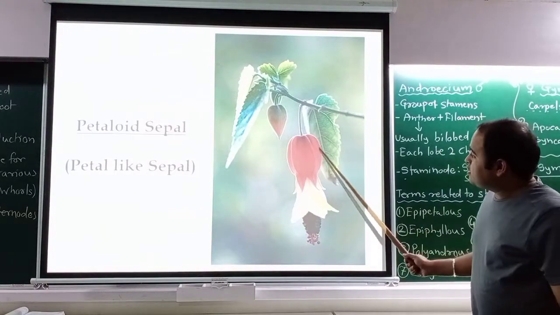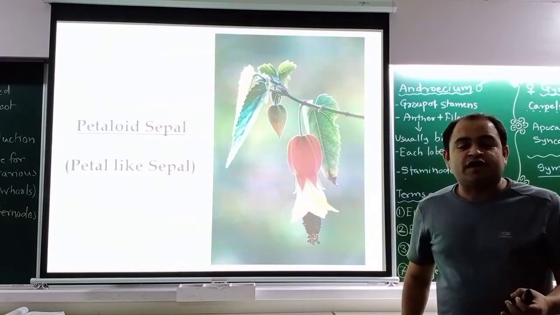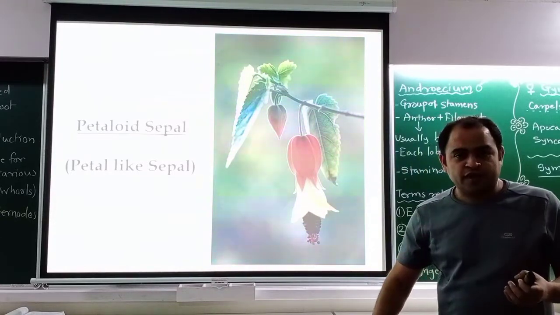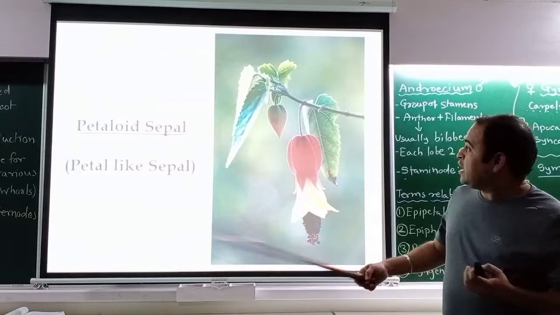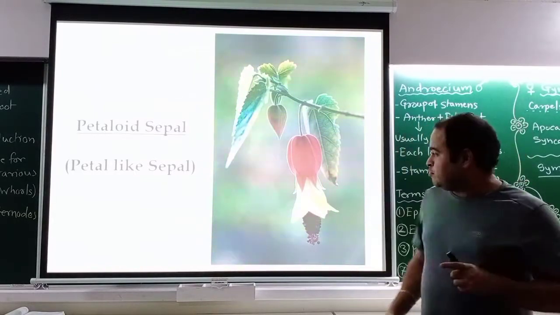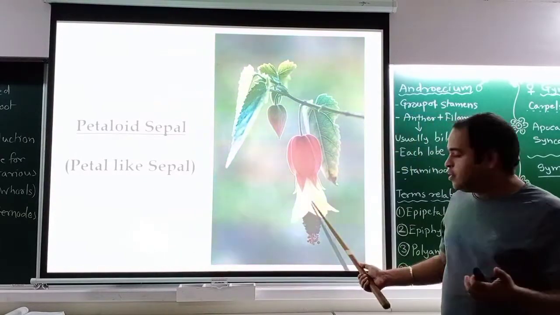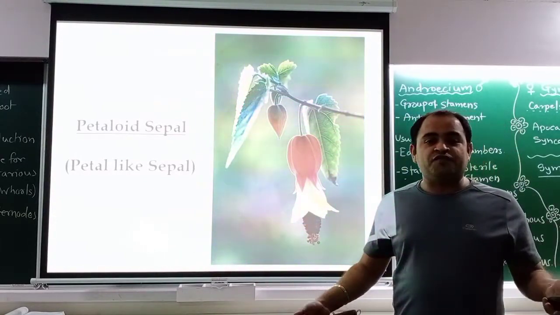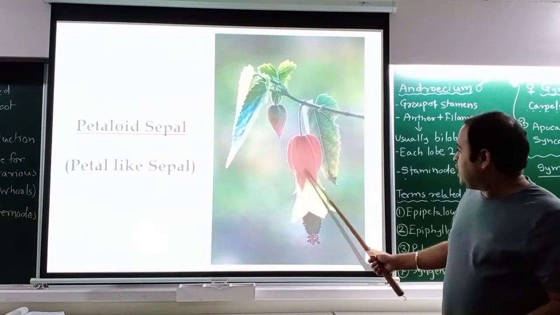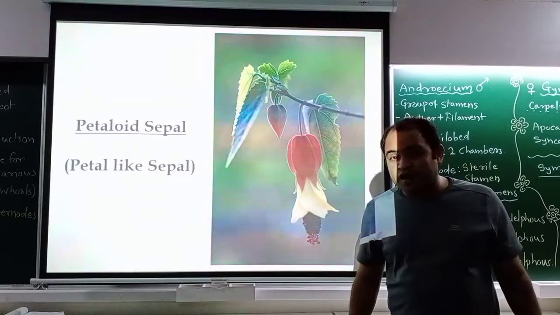So this particular bright color is nothing but the result of evolution. In due course of time, the plant must have realized that there should be some additional attracting point, because I do not have that much brightly colored petals, I do not have any fragrance to produce, but I have a typical calyx which is the outermost part.